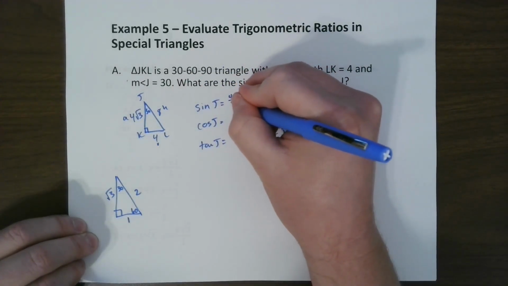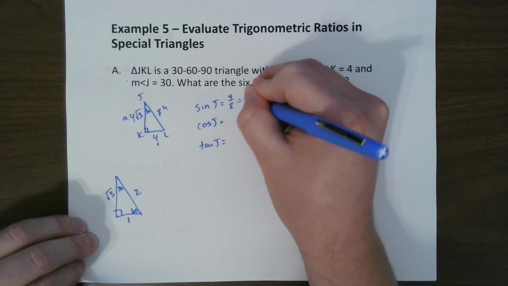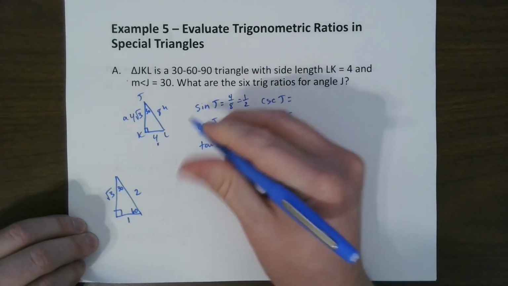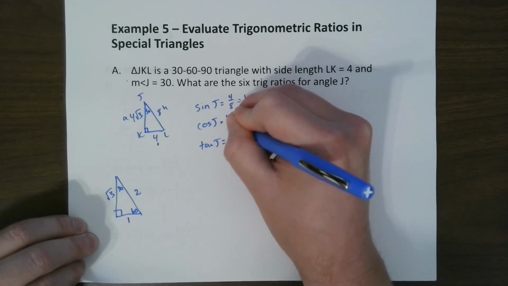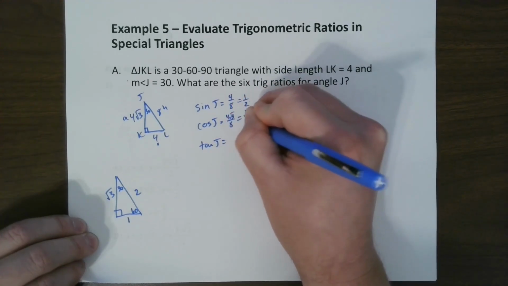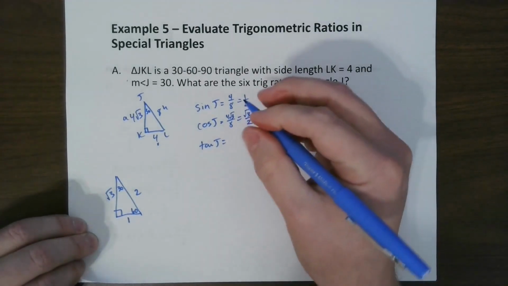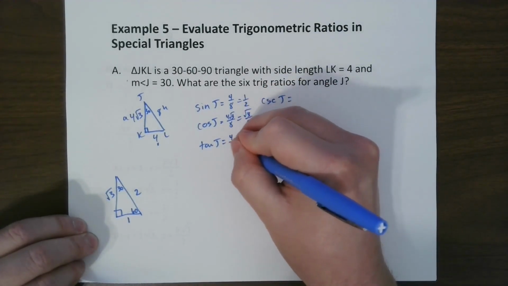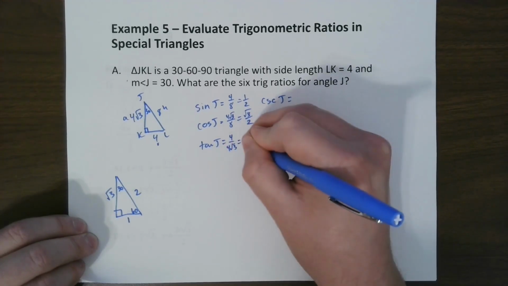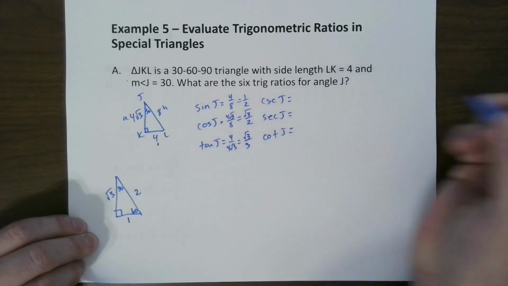We get 4 over 8, which is 1/2. Cosine, we get 4 radical 3 over 8, which is radical 3 over 2. And tangent, we get 4 over 4 radical 3, which ends up being radical 3 over 3.